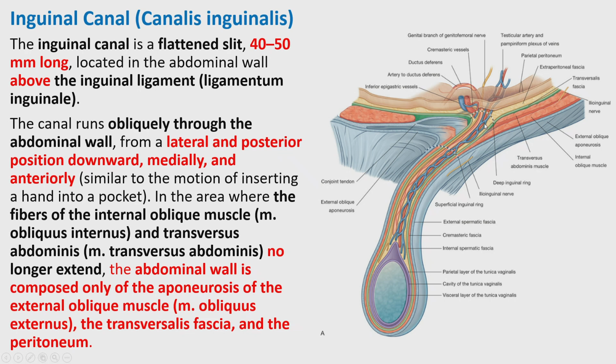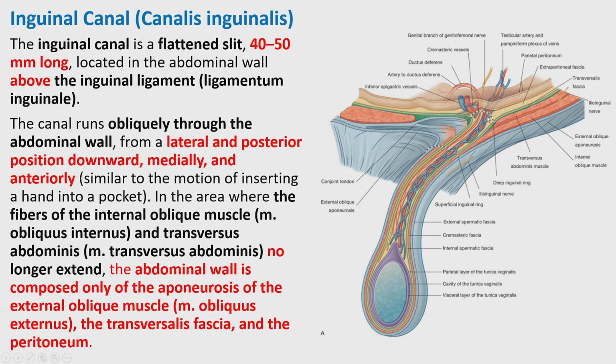So this is one, and here is a place which is composed of the aponeurosis of the obliquus externus, and on the inner surface there is the endo-abdominal fascia or transversalis fascia, and then peritoneum. And here you can see the spermatic cord of the male.